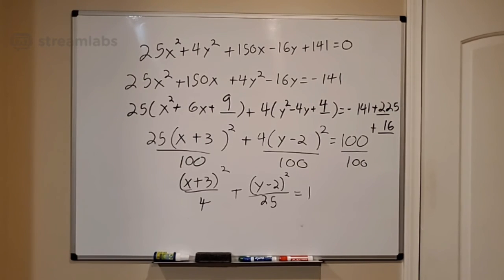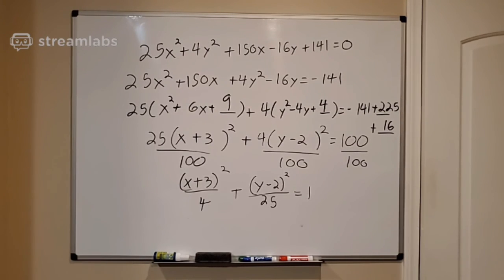Okay. So how do we, the foci in this case are very ugly. So remember, to get your foci, you go along your major axis, so that'll be the y value. So in this case, what you have to do is take the 2 value from your y and go up and down that square root of 21.